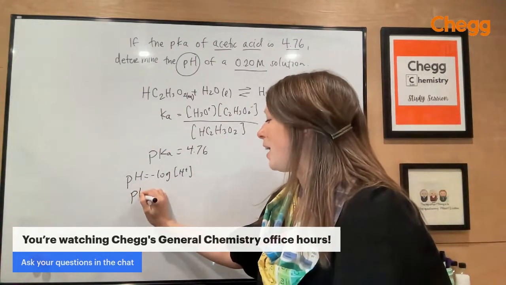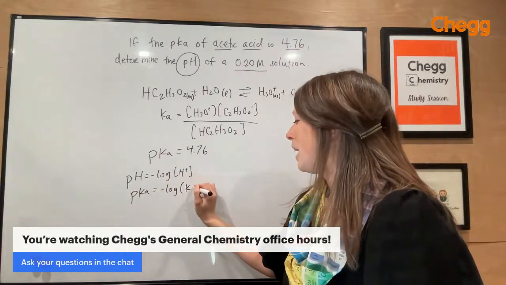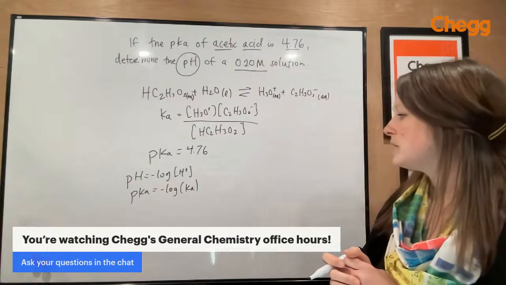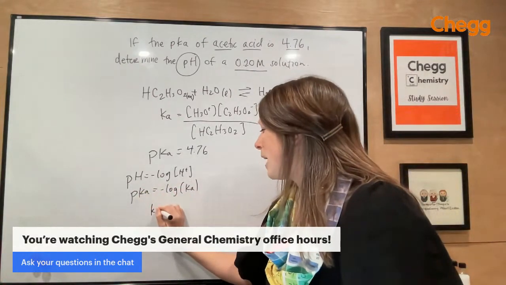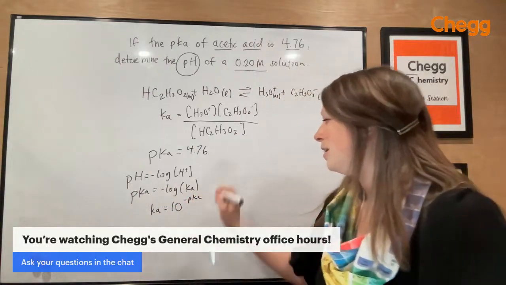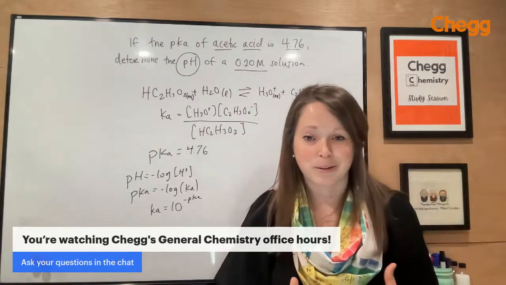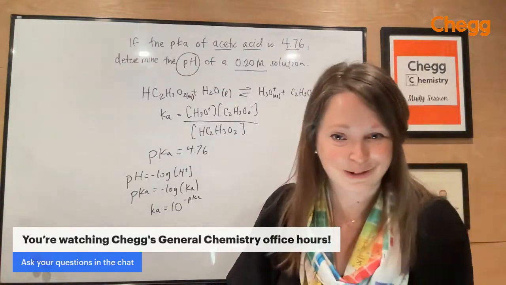The pKa is going to be equal to the negative log of the Ka. In this case, we don't know Ka, so I'm going to rearrange this log equation. So Ka is going to be equal to 10 to the negative pKa. This is one of those equations that I have everyone memorize because in chemistry, you don't need to be worrying about deriving the log equation.